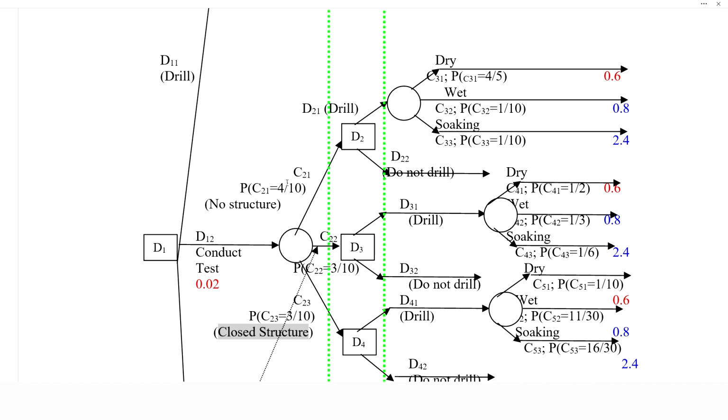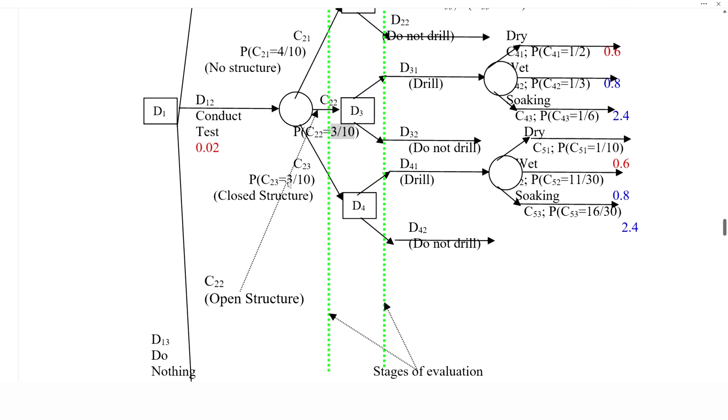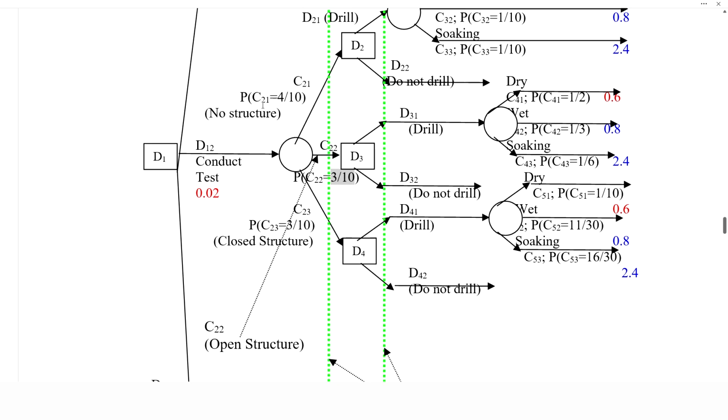The test probabilities were 40%, 30%, 30%: 4 by 10 for no structure, 3 by 10 for open structure, and 3 by 10 for closed structure. So, the probability of C21 is 4 by 10, of C22 is 3 by 10, and of C23 is 3 by 10.